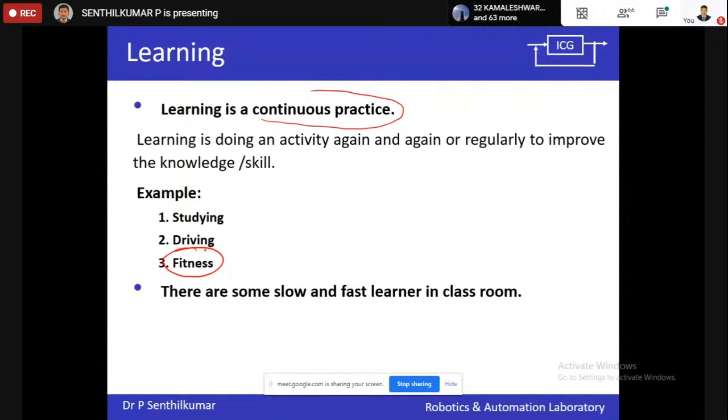At least weekly, you have to spend 3 hours per subject, or whatever hours you discuss with your faculty member, you find or derive a particular time. That time you have to spend. Then only learning happens. But if you say, I'm going to study one day before the examination and I got an S grade, probably you will get some good marks in your college, but in the real world you can't be successful. So that's a point I would like to mention.